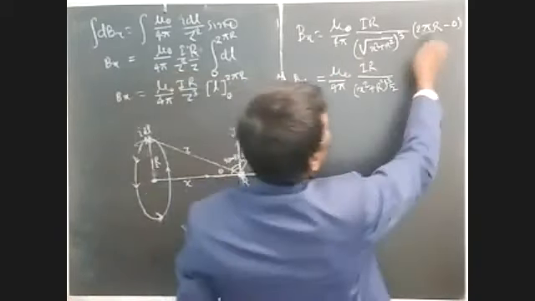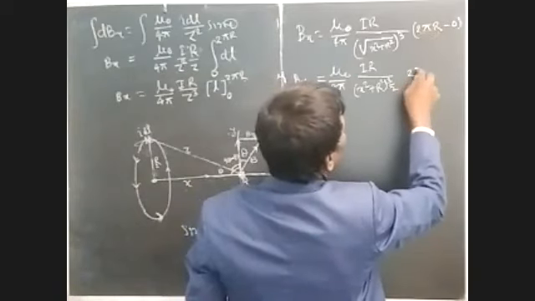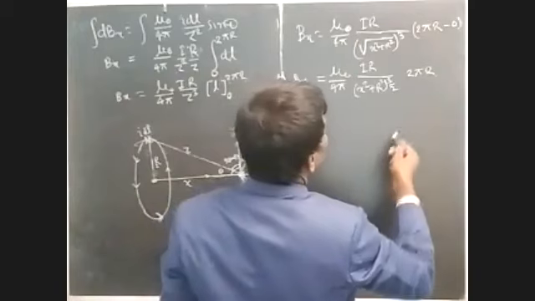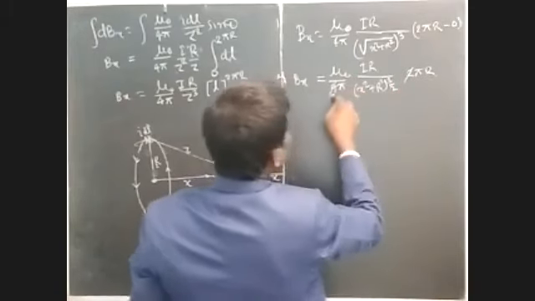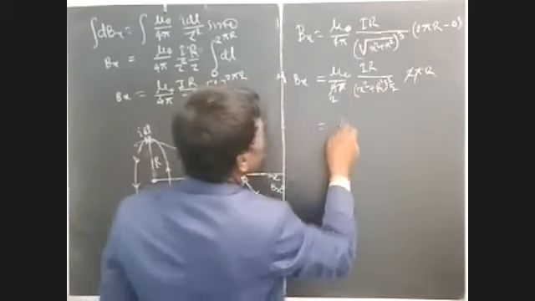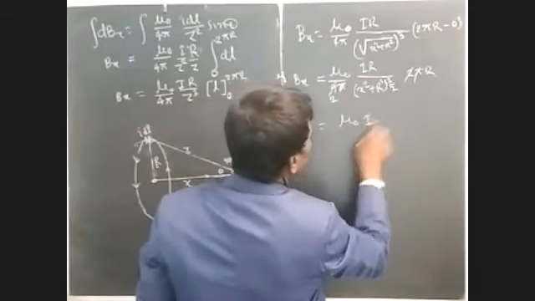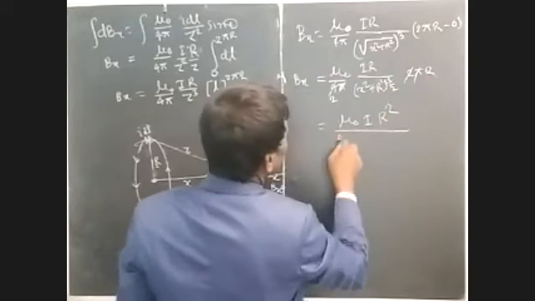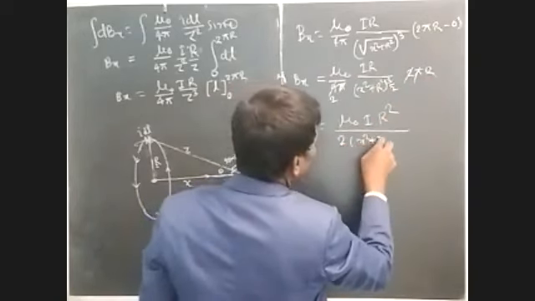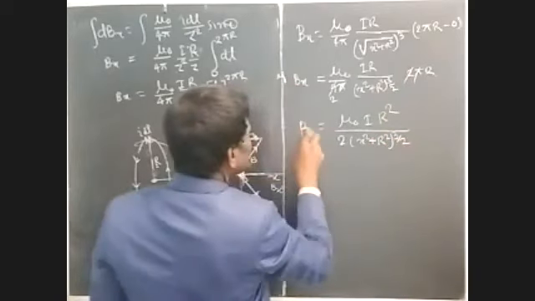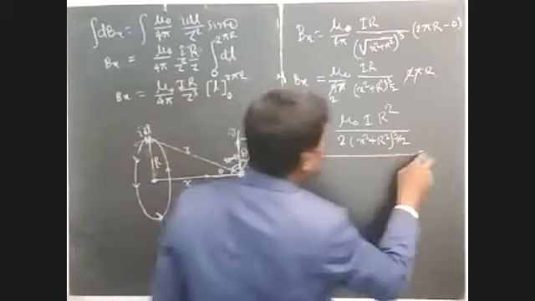Okay, and then this is the 2 pi R. Clear? So now you cancel. 2 with 2 cancels, and then pi cancels. Then what we see here? It is mu naught I R square upon 2 times x square plus R square to the power 3 by 2. This is the Bx total.